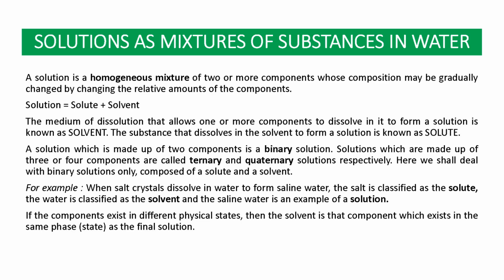One important point is that the solute is always present in less quantity and the solvent is always present in high quantity. So we can identify solute and solvent according to their quantities. The substance present in less quantity is the solute, and the substance present in high quantity is the solvent. This is another definition of solute and solvent.